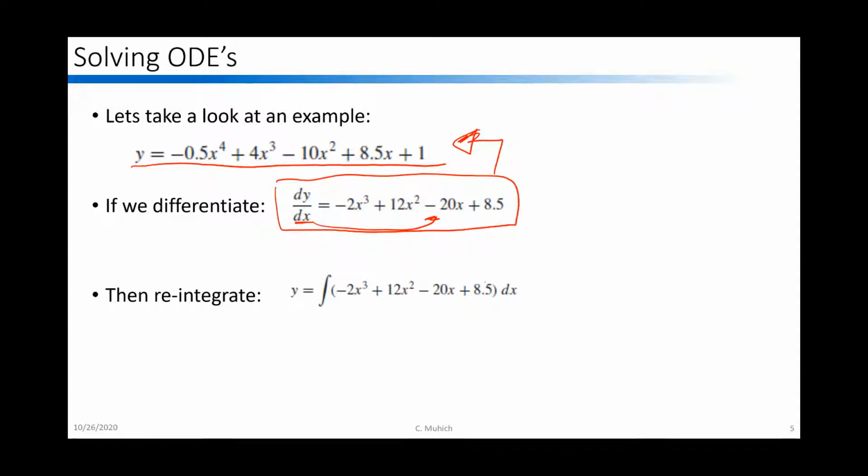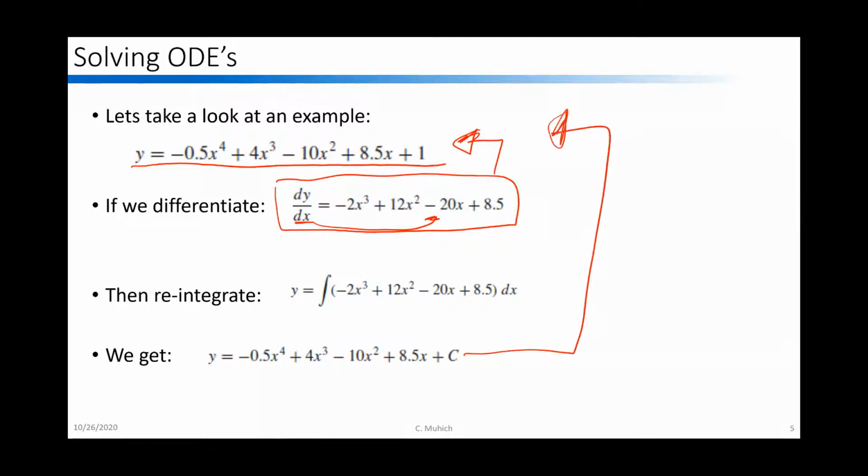So this is then our integration of that differential equation. When I solve this out, we get y equals negative 0.5x to the fourth plus 4x cubed minus 10x squared plus 8.5x plus c. If we look and see how this compares up at the top, it matches identically all the way up to that constant. And that constant is there because it's going to determine the solution to which we have.